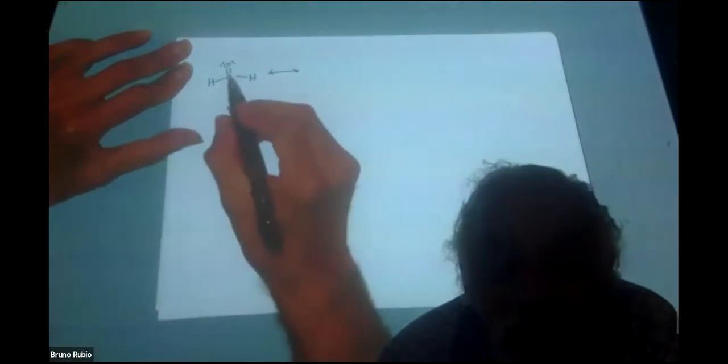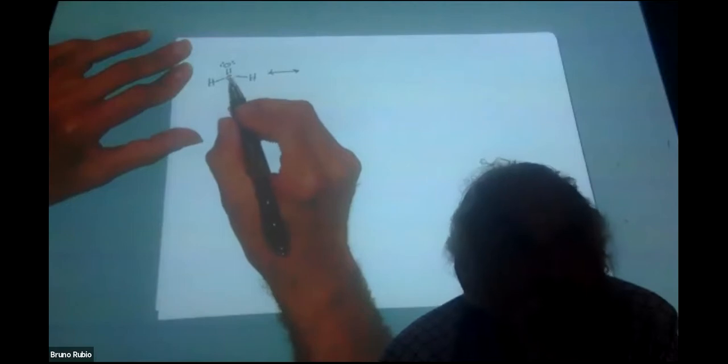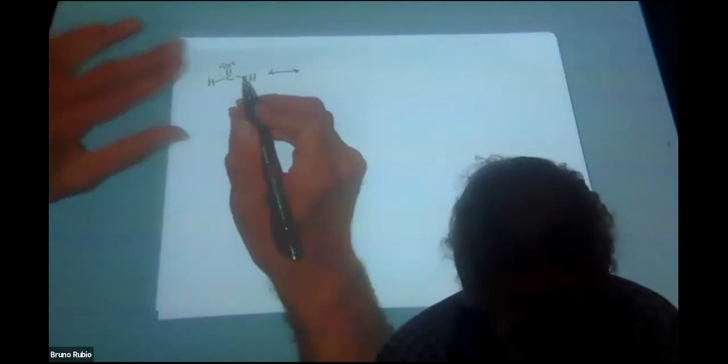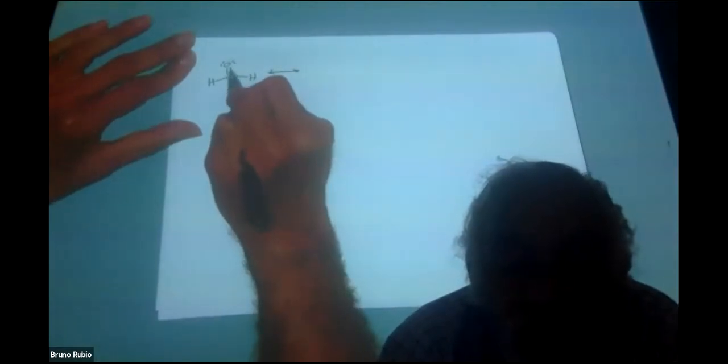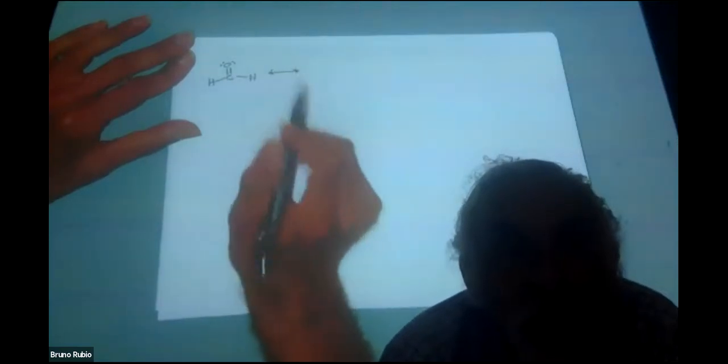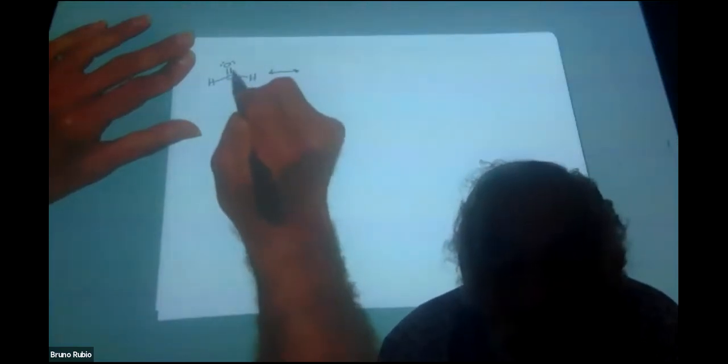One of the things I can do when writing resonance structures is move one bond that belongs to a multiple bond system. So I'm going to take these electrons that live in the region of space between the carbon and the oxygen atom, and move them up, showing the movement of the electrons with that curved arrow.